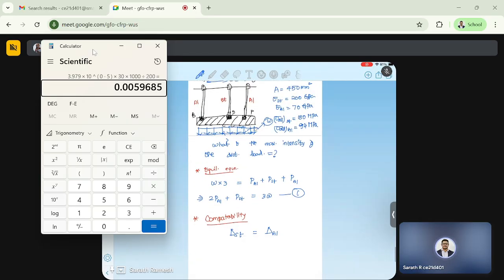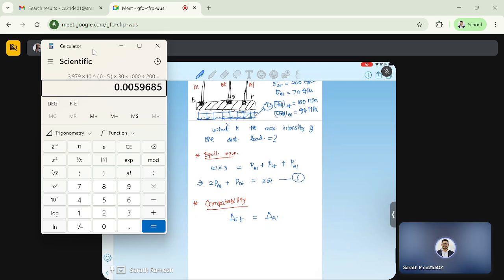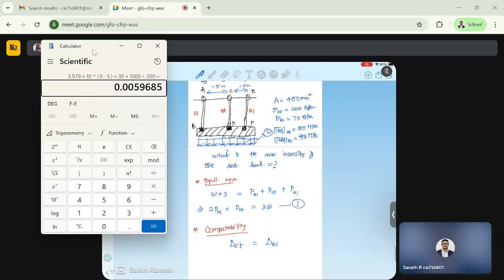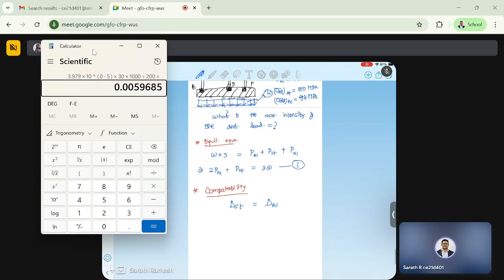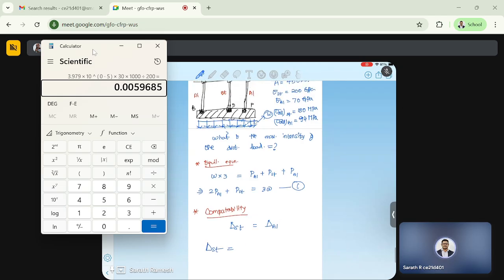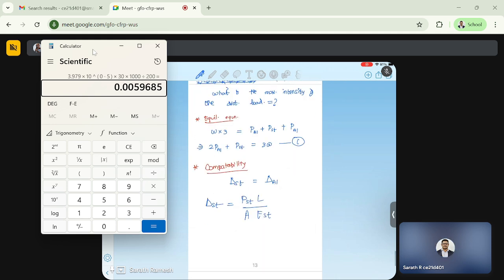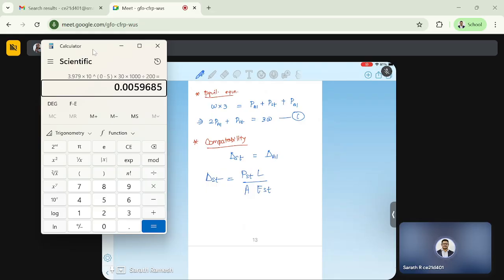Then what else can we do? We can use the constitutive relation and the strain-displacement relation to find an expression for delta_ST. What is delta_ST? Delta_ST is equal to P_ST L by A E_ST, A is common. And similarly, delta_aluminum will be P_aluminum L by A E_aluminum.